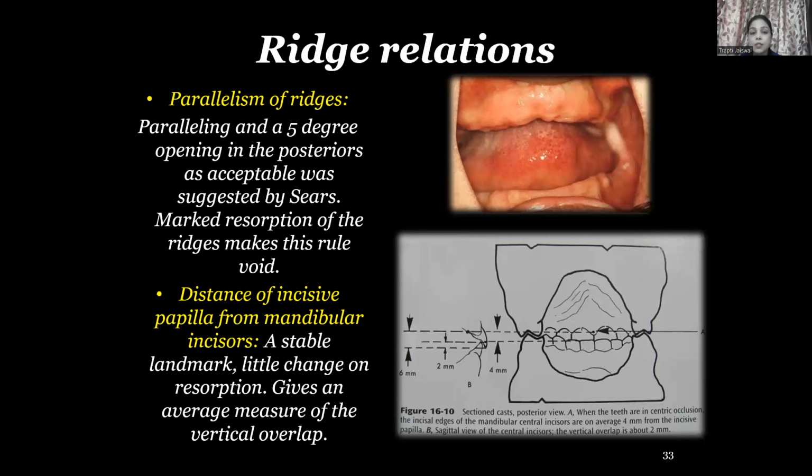So that gives a distance of 4 mm. So the distance between the incisive papilla and the mandibular incisors is 4 mm. When the teeth are in centric occlusion, the incisal edges of the mandibular central incisors are on average 4 mm from the incisive papilla. So this distance can be used as a guide in determining the vertical dimension of occlusion because the incisive papilla is a stable landmark.